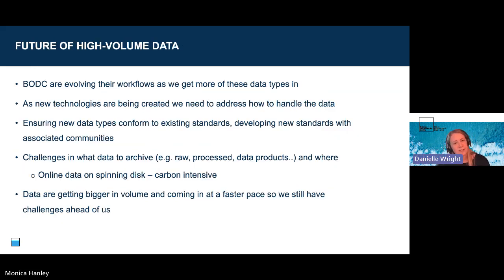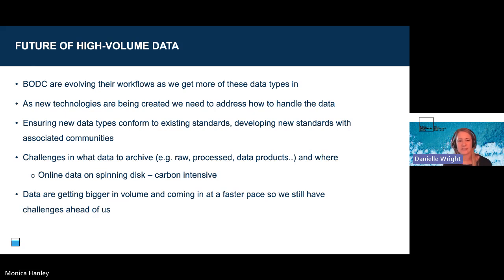Yep, so just to quickly wrap up, the future of high volume data at BODC. We are having to constantly evolve our workflows and how we manage all of this data as we get, I think, ever increasing volumes and data types in.